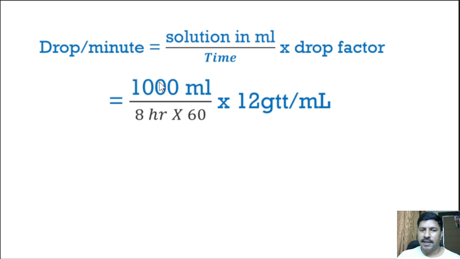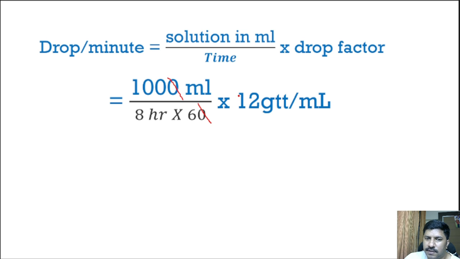Here the solution is 1000 milliliter divided by 8 hours, converted into minutes, 8 into 60, multiplied by 12. Here also we can cancel this 0 with this 0, and then it will come 8 into 6, that is 48. 100 divided by 48 multiplied by 12.